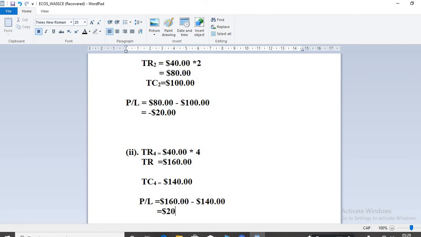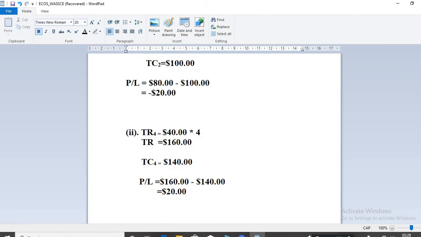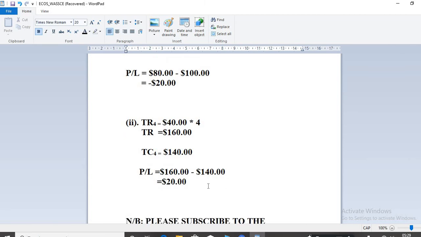So at this stage the business is making a profit. When the business is able to sell 4 products, it will be making a profit of $20.